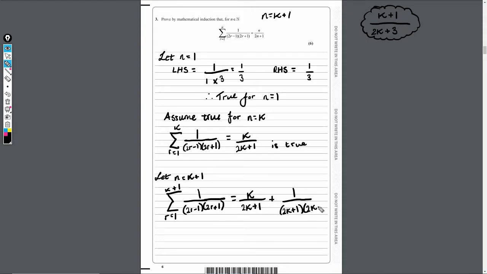Now we need to get it over a common denominator, and this is nice and easy because this has a 2k plus 1, so all I've got to do is times this bit here by 2k plus 3. That gives me k lots of 2k plus 3 plus 1 all over 2k plus 1 times 2k plus 3.